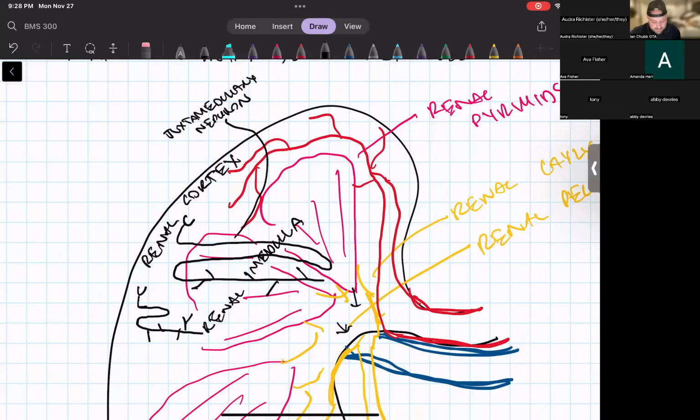So you have a few different types of nephrons. I think the most important one that you guys really need to know is the juxtamedullary nephron. This is the one that really dips all the way down into the medulla, and where we actually have our corticomedullary gradient and all of that fun jazz.